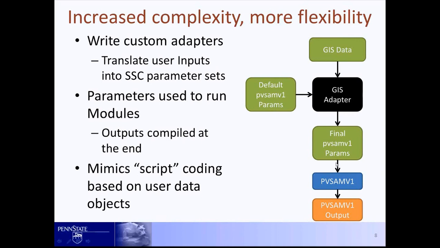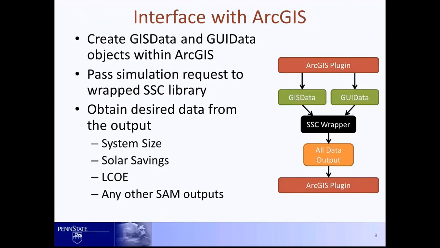What was interesting about doing it this way is that the bottom three blocks here are really what needs to happen if you want to run the SAM calculation. You need the parameters into the module, and then you get the output. The adapter represents the part of the code that needs to change as the intended function of the application changes.